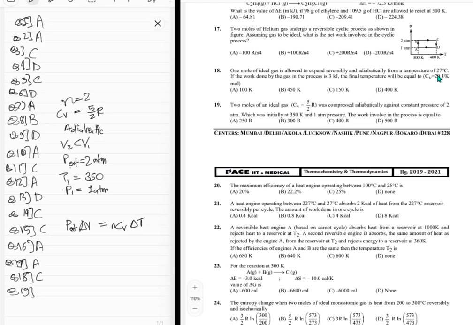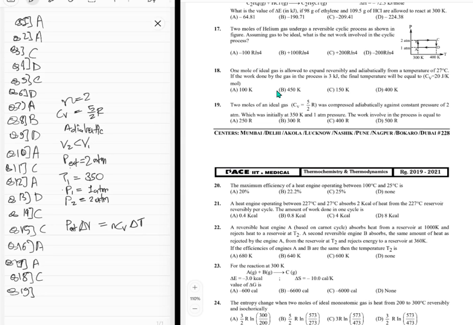Or do we keep on compressing and do more work on it? Then it's impossible to find. So we will say we keep on compressing till it becomes 2 atmosphere. From that we can say P2 is the same as P external, 2 atmosphere. This is an ambiguous question. So we compress it till we cannot anymore with the same pressure.